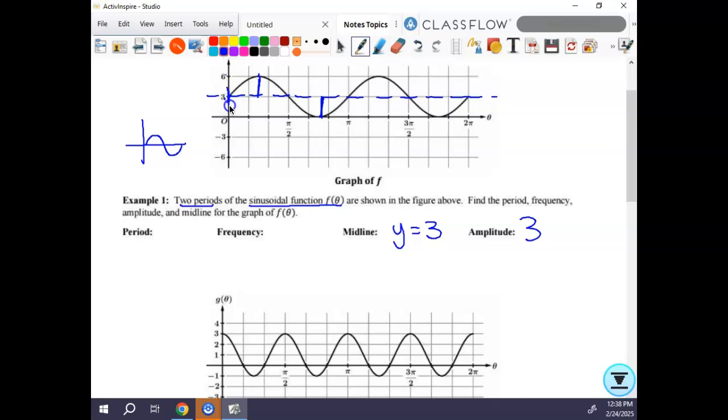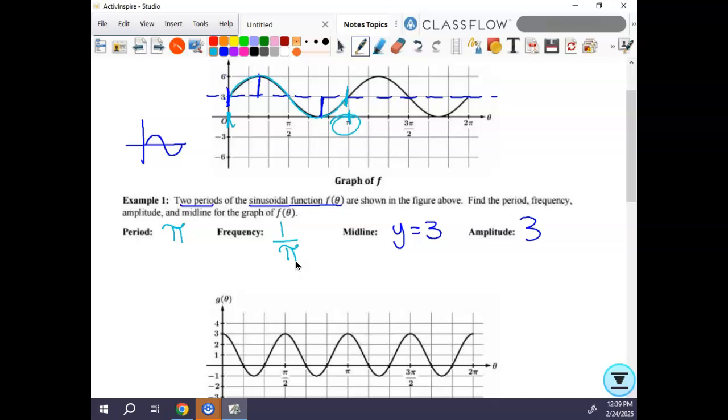So if I start here, and then I make one cycle when I get to here, that's when I would start repeating, right? So I'm going from 0 to pi, which means my period is pi. It took pi units to do one cycle. The frequency, super easy. It's just the reciprocal of the period, so that is 1 over pi.